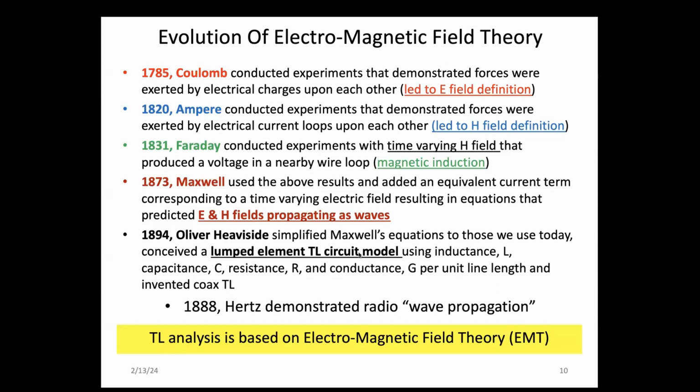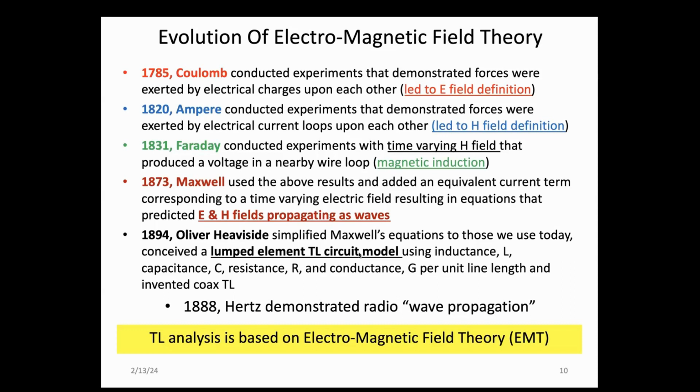Ampere conducted experiments with electrical current loops and demonstrated that they exerted forces on each other, and that led to the definition of the magnetic field. And Faraday conducted experiments with time-varying magnetic field in and out of a loop of wire and demonstrated that voltages were developed. And that was Faraday's magnetic induction.